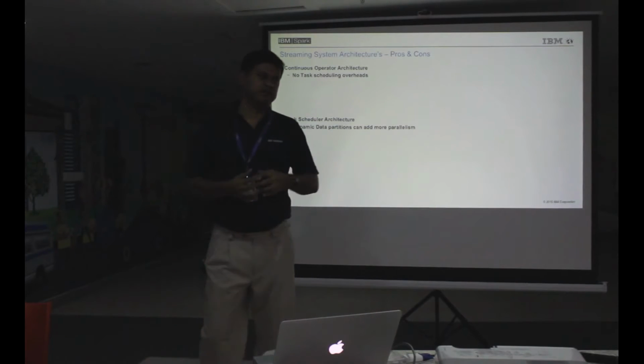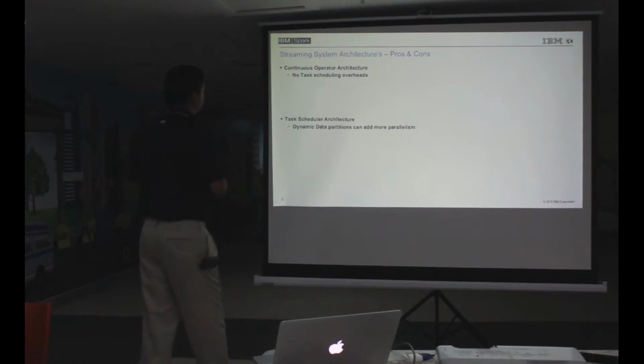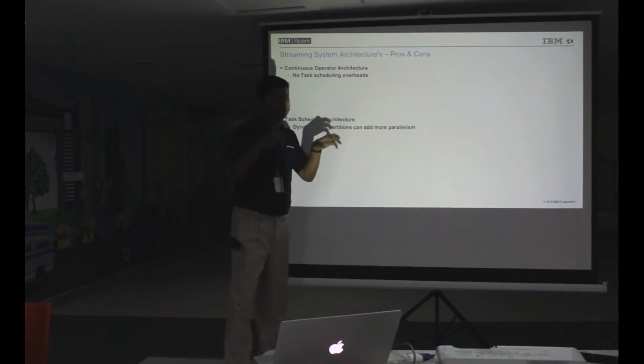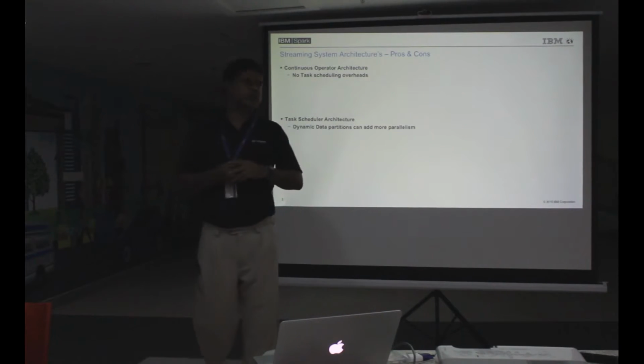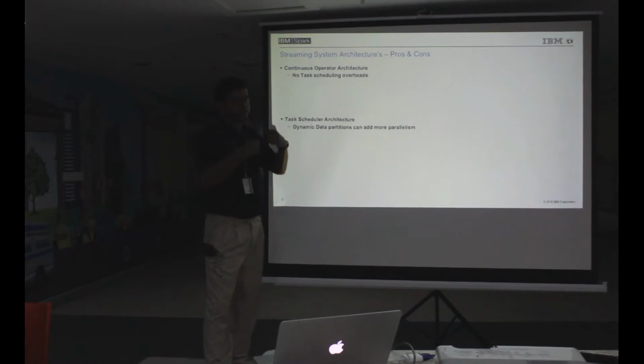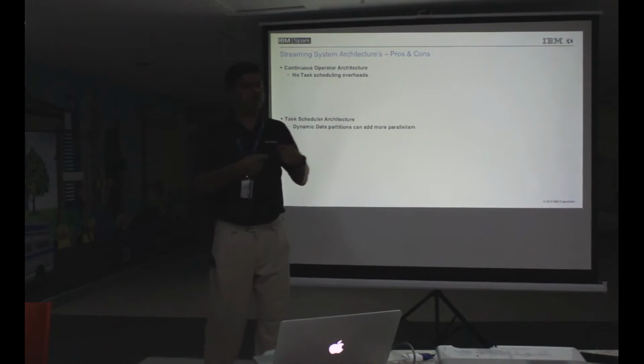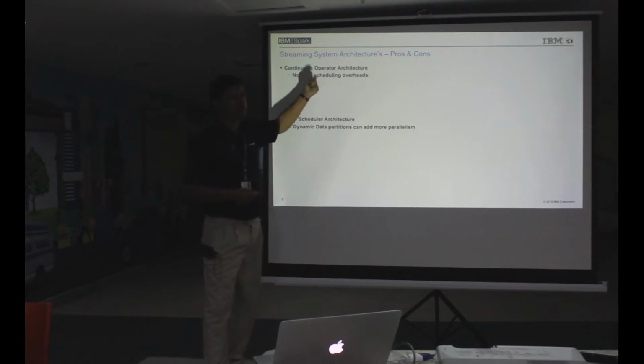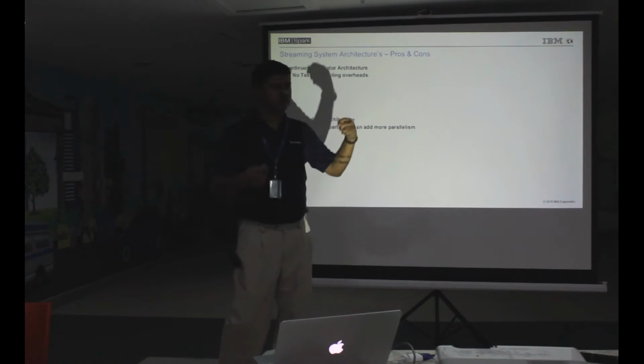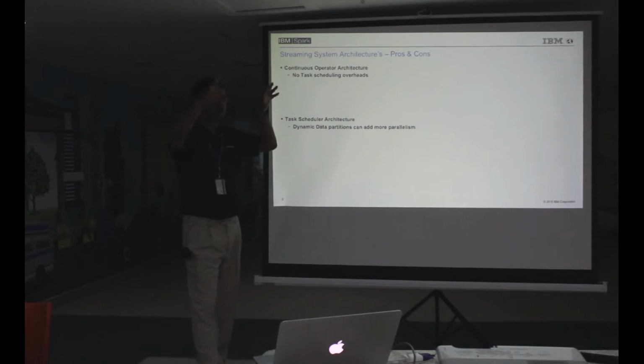At a very high level, if I have a continuous operator architecture, I don't need to incur dynamic task scheduling overheads every time I have a job to do, figuring out where to send it. Because I've already statically figured out the layout, the message knows where it needs to go next, so it's just the message.